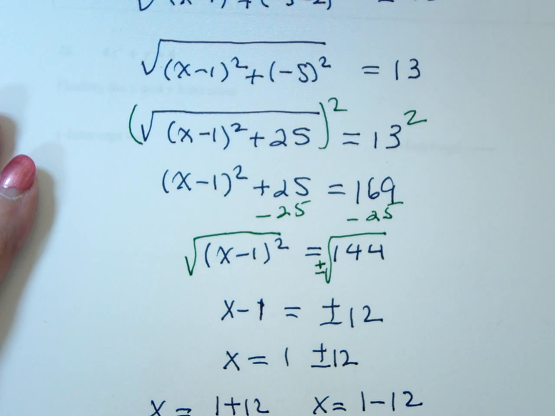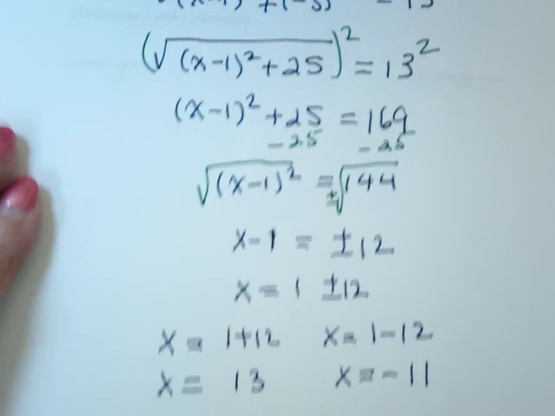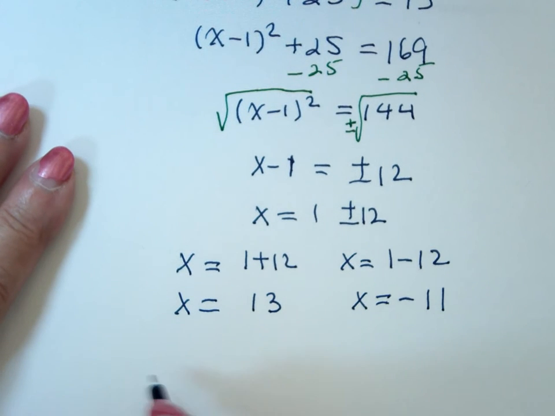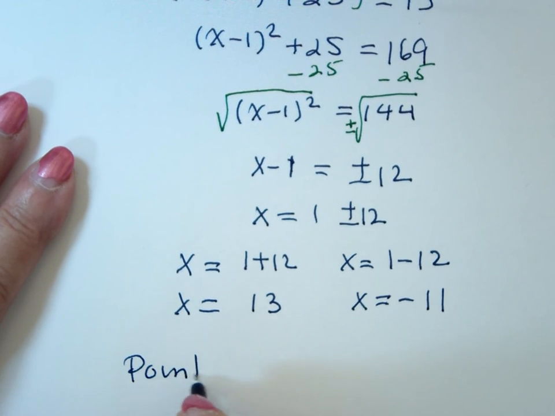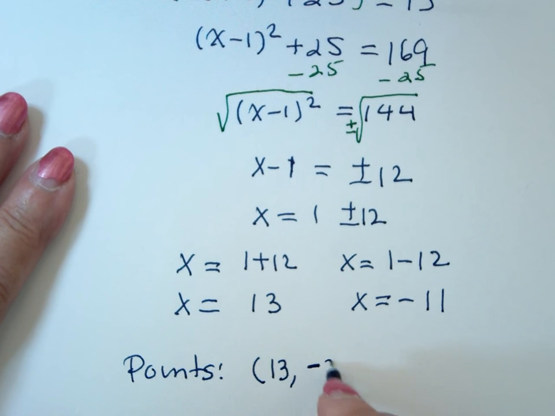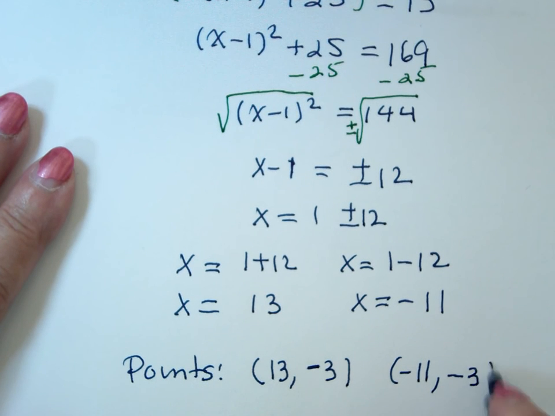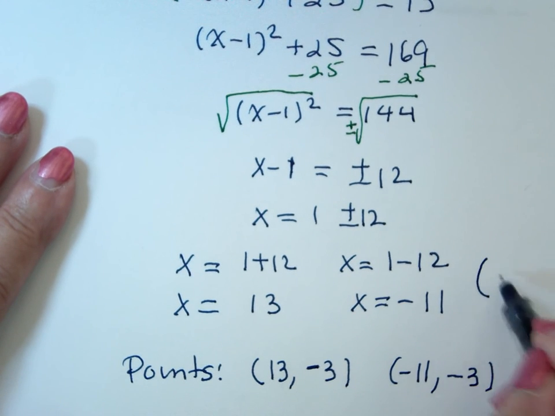So the x component of my coordinate point is 13 or -11. But my answer is find the points. The points are (13, -3) and (-11, -3). Because remember, I was dealing with a coordinate point that was (x, -3).